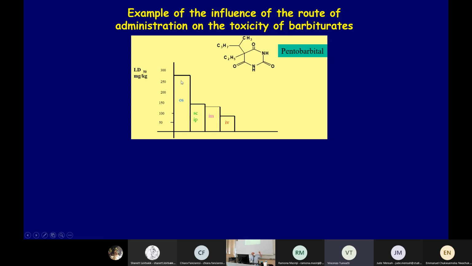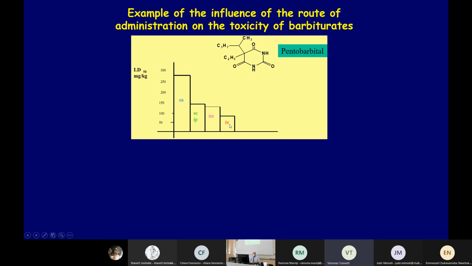Okay. You see here on the y axis, 300 milligrams per kilogram. If you take this compound by injection, you can have the same effect with half or less than half of the dose.